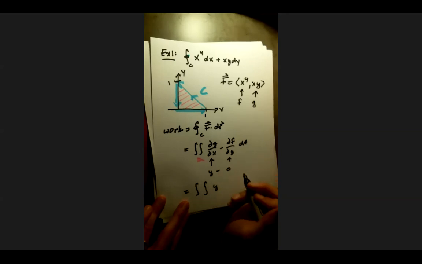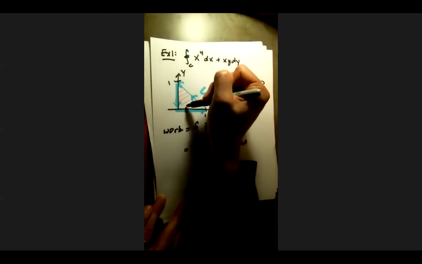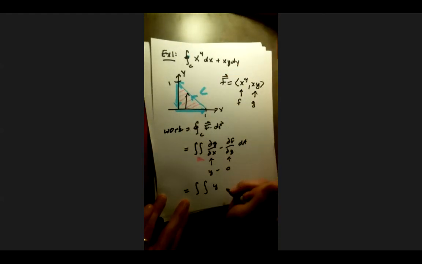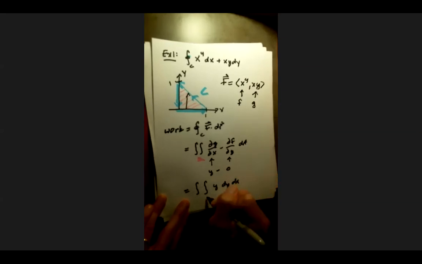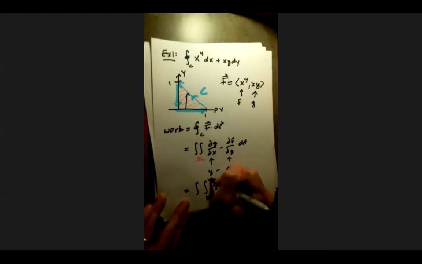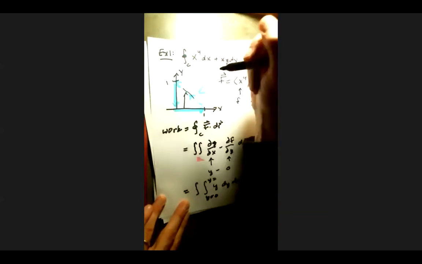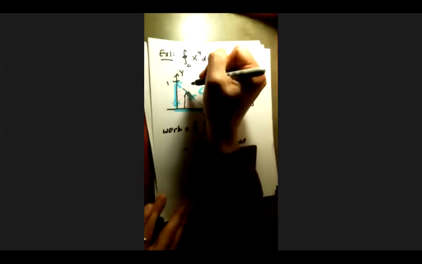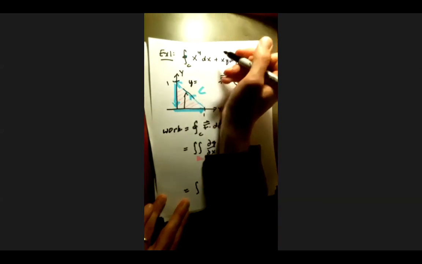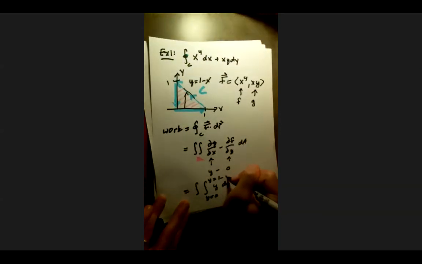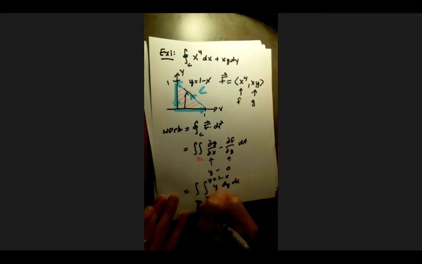So maybe we could integrate this thing dx dy. Yeah, we could go dx dy or dy dx. I'm going to go dy dx. 0 to 1, I mean 0 to y equals... Yeah, we need this line right here, right? Yep. So that line would be y equals 1 minus x. And then 0 to 1.